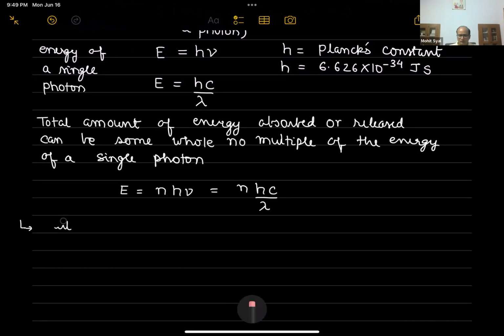The next point is that each photon travels with the speed of light, because they are particles of light. So they should travel with the speed of light. This is quite an obvious point.